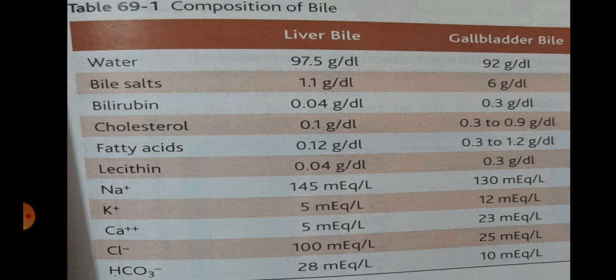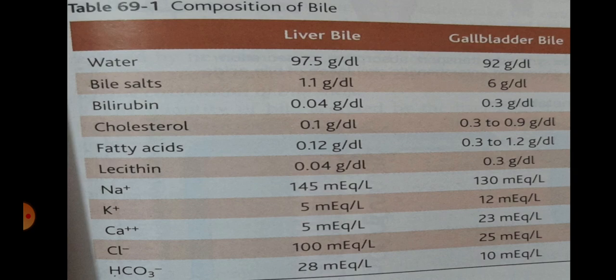which account for about one half of the total solutes in the bile. Also secreted or excreted in large concentrations are bilirubin, cholesterol, lecithin, and the usual electrolytes of the plasma. You can see this composition of the bile when it is secreted by the liver, and after it has been concentrated in the gallbladder.